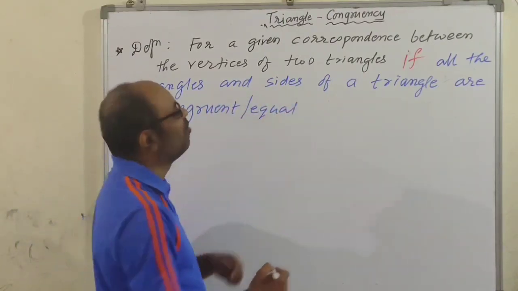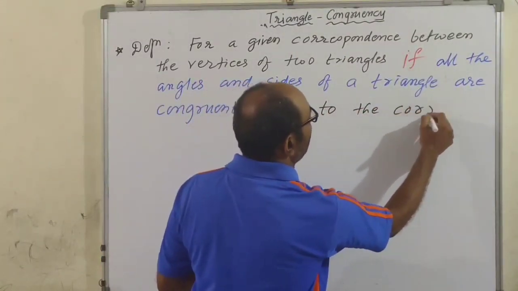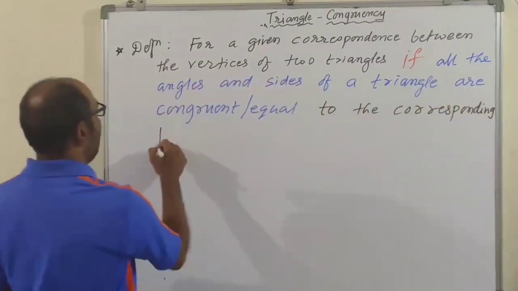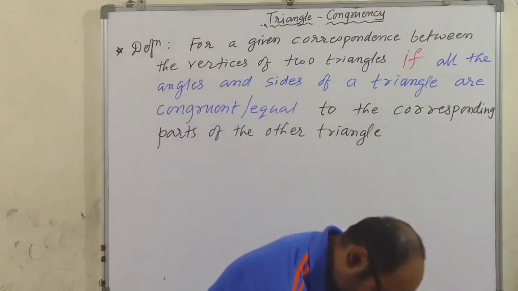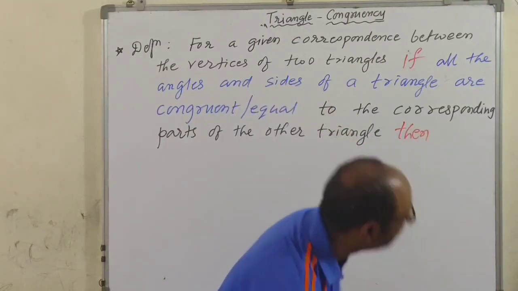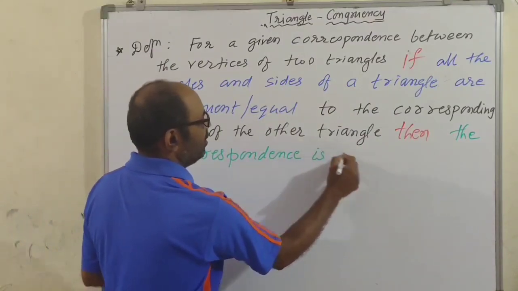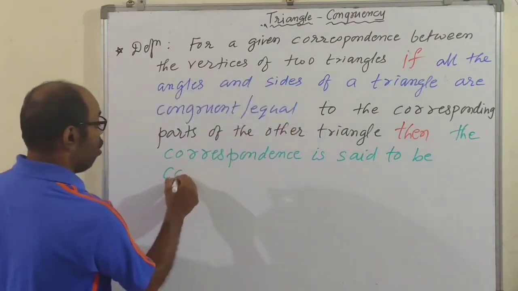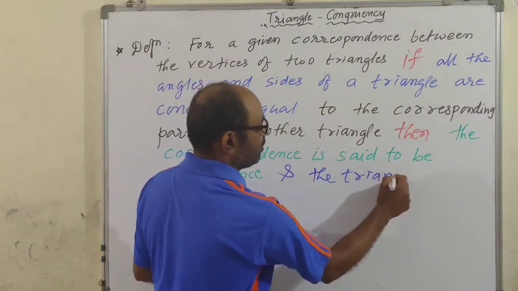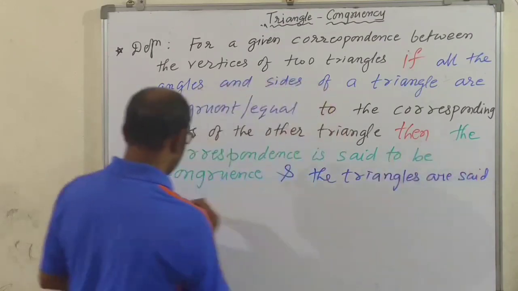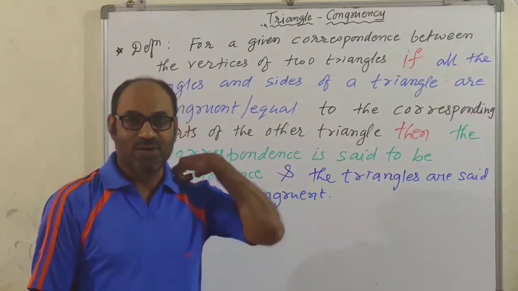In NCERT book, you will find the word equal, are equal to the corresponding parts of the other triangle, then the correspondence is said to be congruence, and the triangles are said to be congruent. Right? That is the definition of congruent triangles.